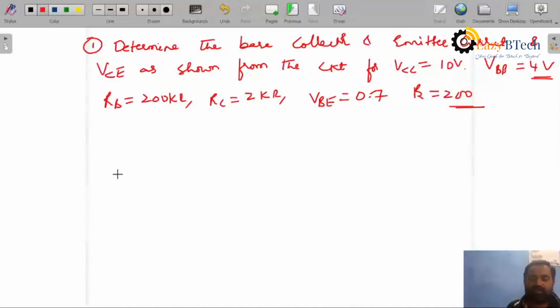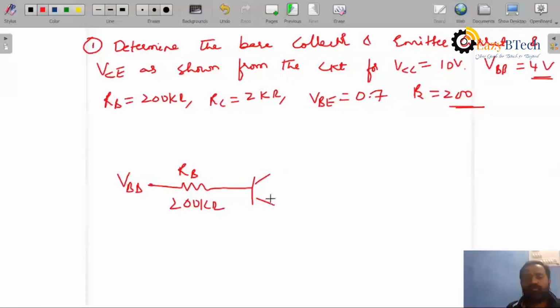Okay, and the circuit is, it is the VBB, this is RB. This RB value is like how much he has given? 200 kilo ohm. RC, VCC how much he has given? 10 volts.